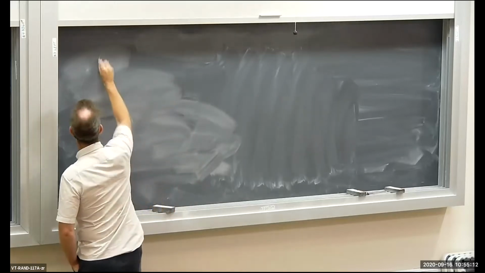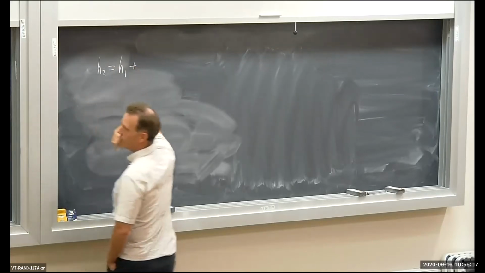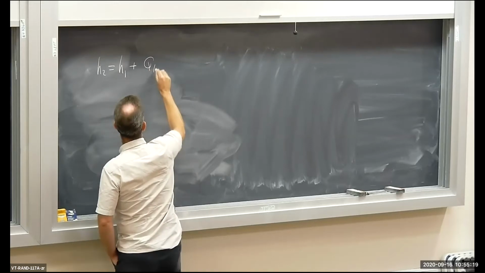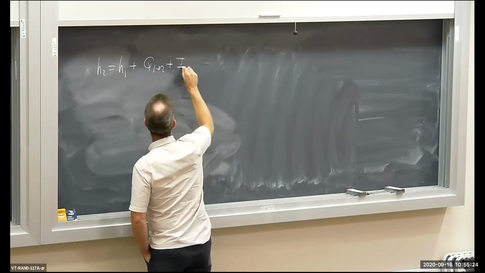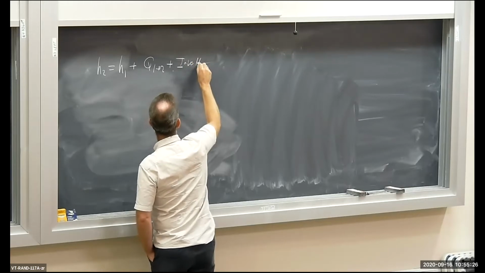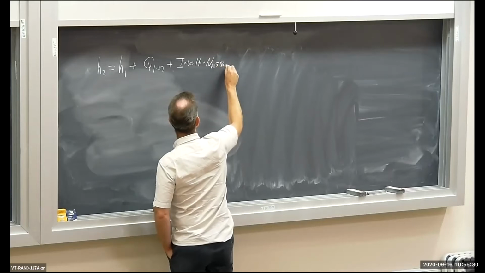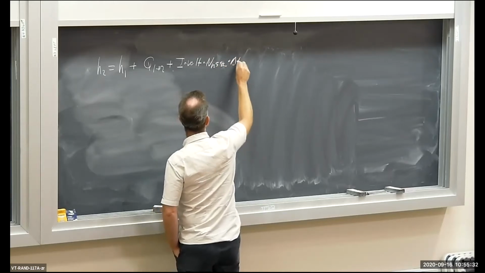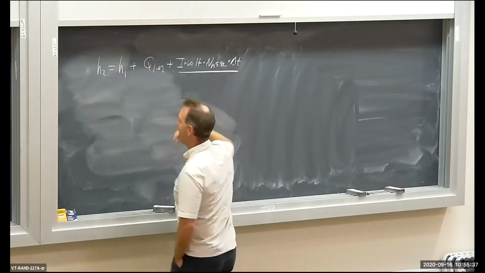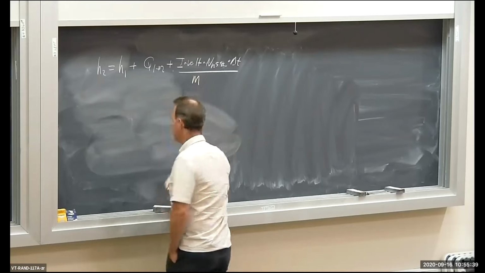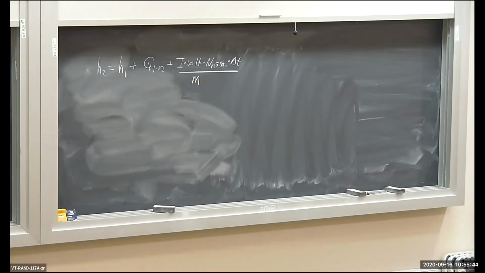I have H2 is equal to H1 plus Q, 1 to 2, plus the current times the voltage times the number of resistors times delta T. And then this term is going to be divided by the mass of nitrogen in my system, okay? So that's going to be the expression for H2.